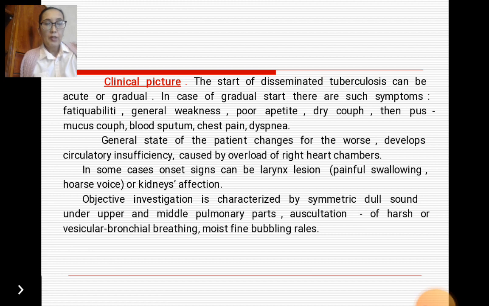Objective investigation is characterized by symmetric dull sound under the upper and middle pulmonary parts, auscultation of harsh or vesicular bronchial breathing, and moist fine bubbling rales.